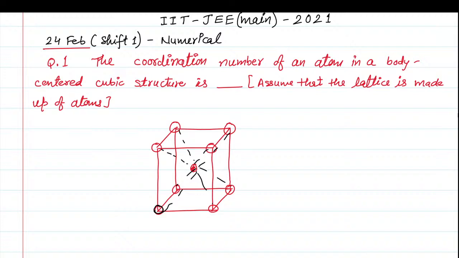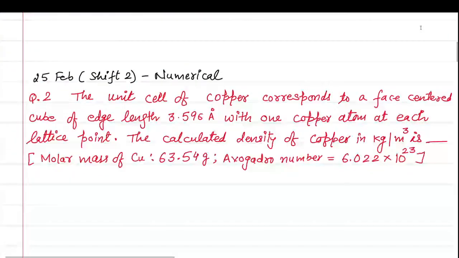Obviously, it is 8. In a body centered cubic, it is a fact based question. Very good, Abhay. It is 8. Just put the numerical value, that is 8. Okay, so let's go to the next question.